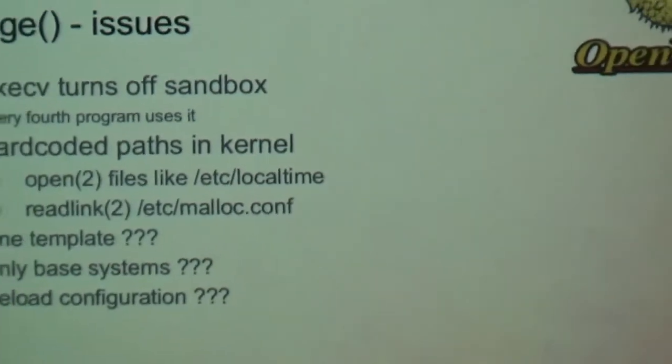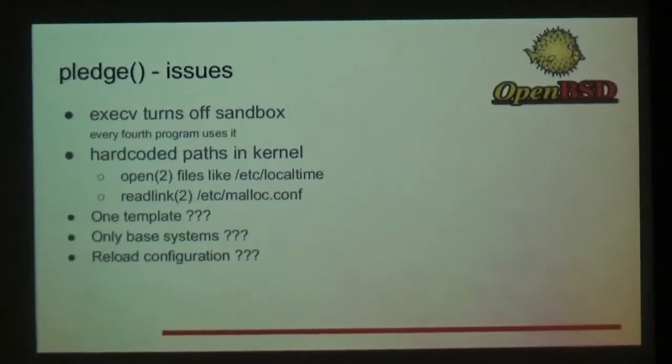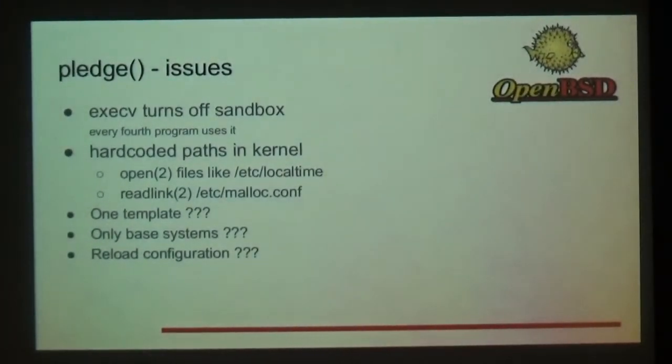But unfortunately, I think Pledge has a few issues which should be solved. One of them is that if we are using the exec promise, the new program which is started after calling exec is not sandboxed anymore. So if we have these promises and we can open any file, we can just simply escape from the sandbox, which in my opinion is a mistake, or even not a little one.